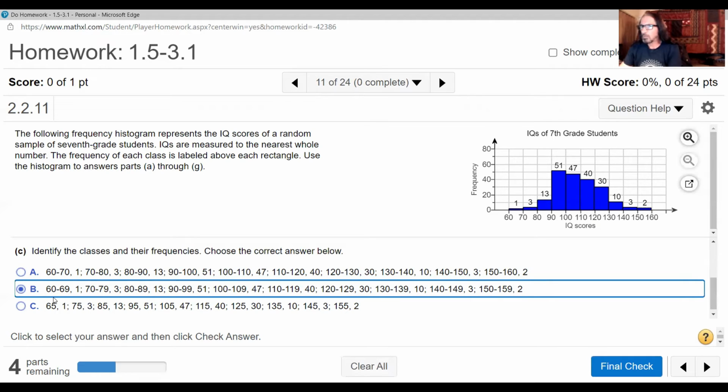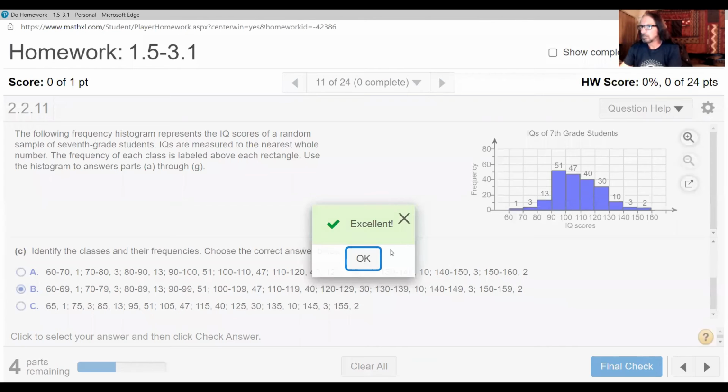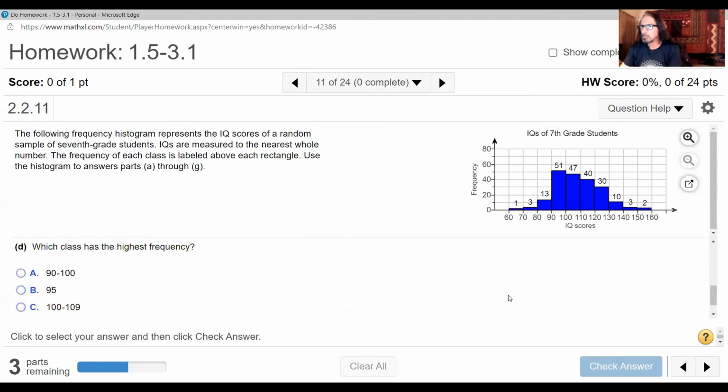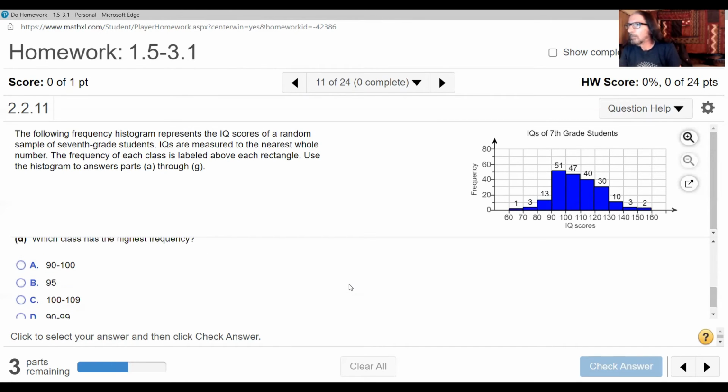We're being asked what the different classes are and what their frequencies are. For the highest frequency, look for the highest rectangle, the peak of the mountain range if you like, and it has to be a class, not a single score.